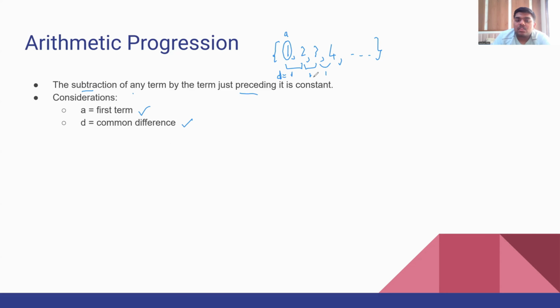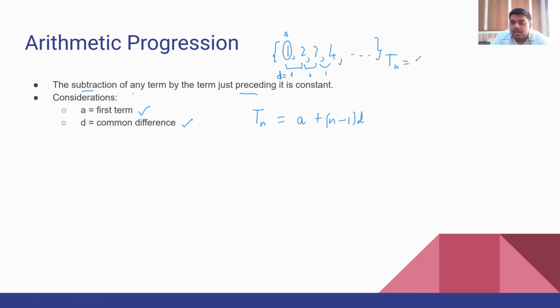Now, there is a formula of representing this sequence in the form of a progression. So the general formula for the nth term is Tn is equal to A plus n minus 1 into D. Now, do you remember what was the nth term for this?